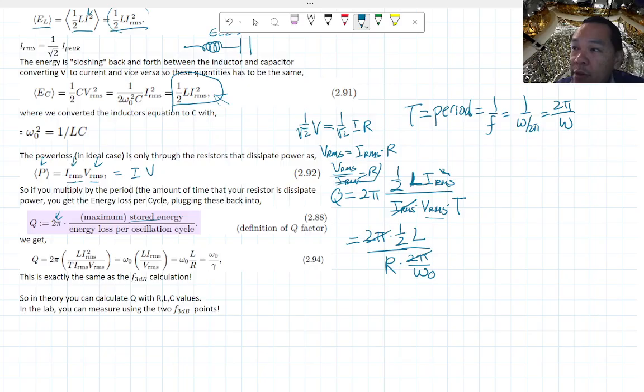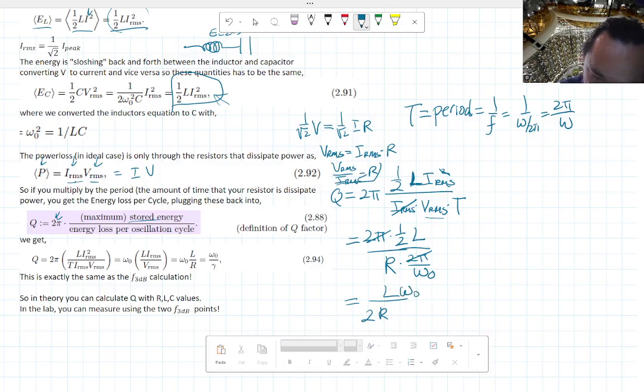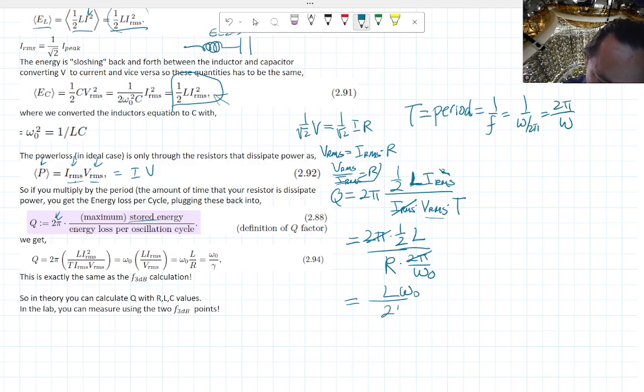Let's see if the 2 goes away. Okay, let's continue on. So this is L over R, and then the denominator goes in the numerator actually. My fraction is a little bit slanted, so let's do that. Okay, so this is pretty close to what the book has, so I didn't make one mistake.